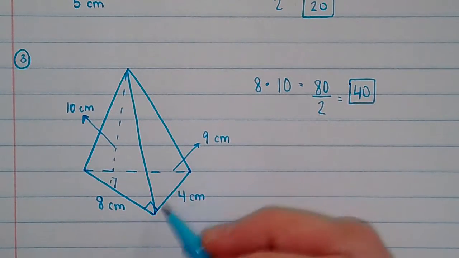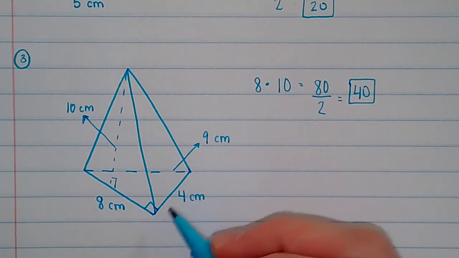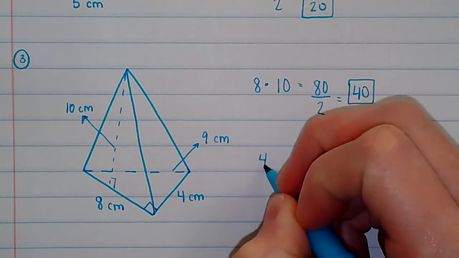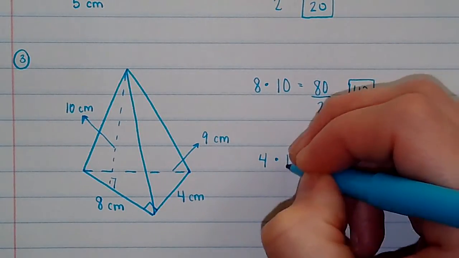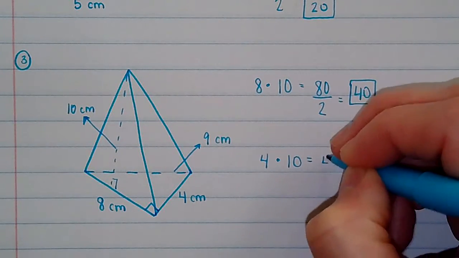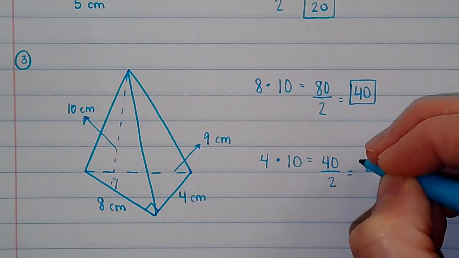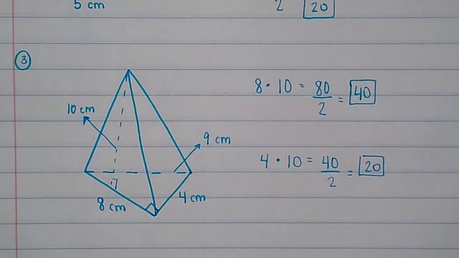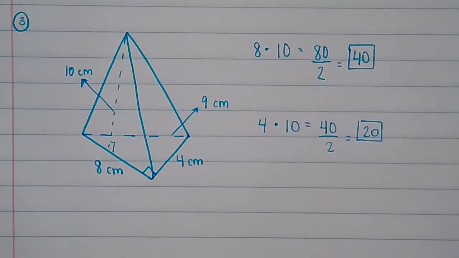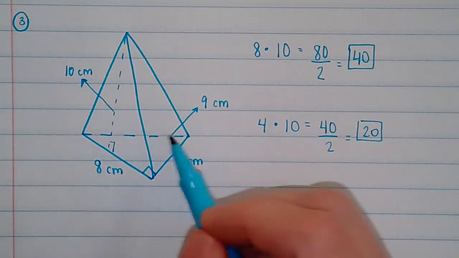Okay, let's move to this side. Okay, so this side, my base is 4, my height is still 10. So I get 40 with a triangle, so I have to divide by 2, and I get 20. Once again, there is not a match, so you just leave it as your 20. Okay? Now, the one that people leave off the most is this one along the back.